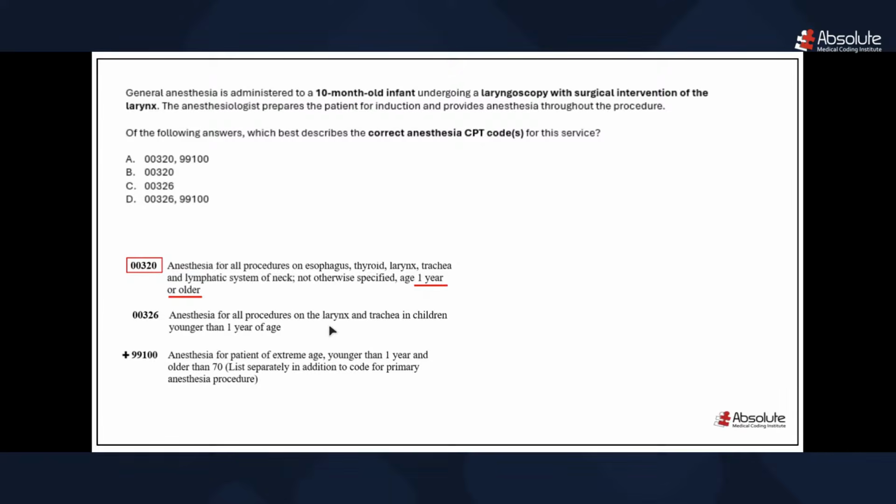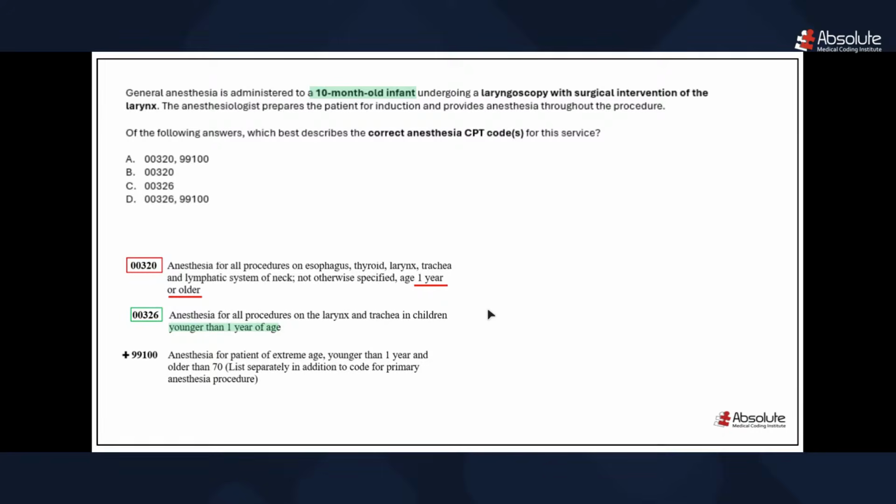So this is coding for a patient whose age is 1 year or older. Now it's time to look at the age of the patient mentioned in our scenario, and that is a 10-month-old infant, right? So we have an age mismatch with the CPT code.